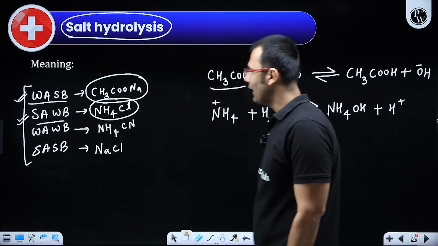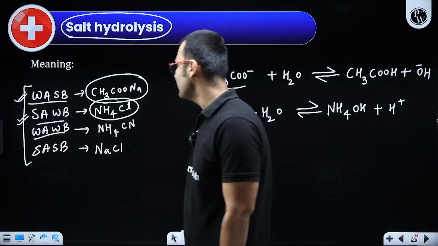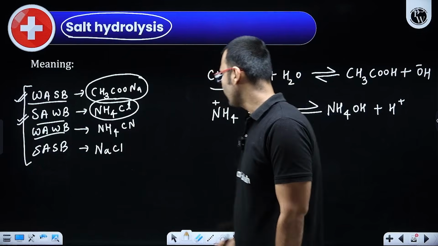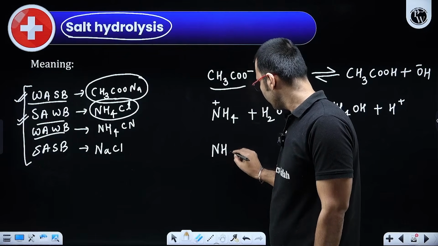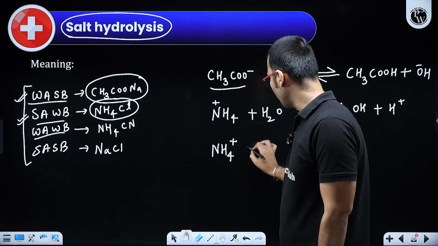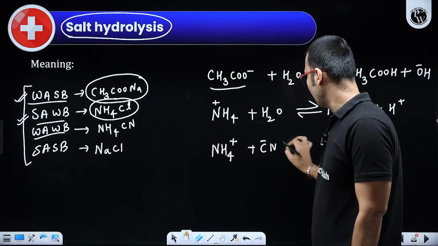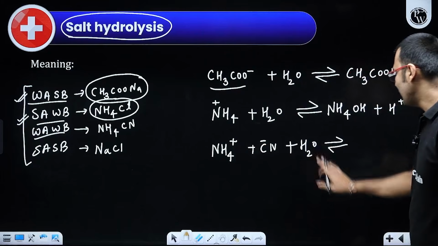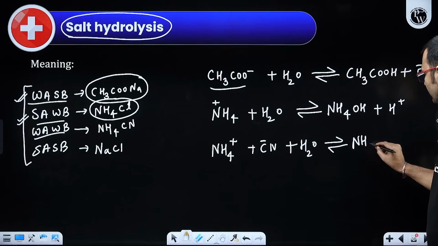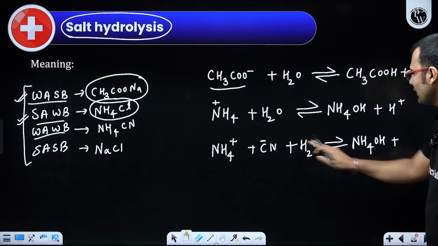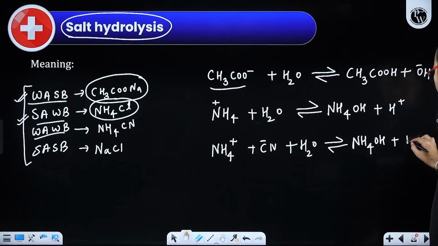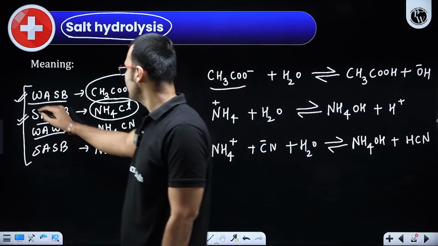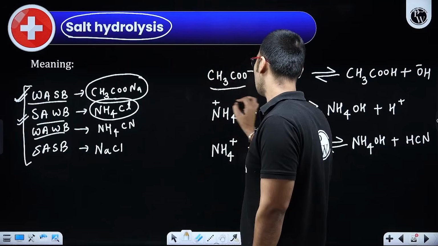And when you talk about a weak acid weak base salt, in this case both cation and anion will go through hydrolysis. Like if I take NH4CN, I will have NH4 plus ion and CN minus ion, and when they combine with water, NH4 plus will combine with water to give you NH4OH, and the CN minus part will combine with water to give you HCN. So the point is, when we have a salt of weak acid strong base, we have anionic hydrolysis.